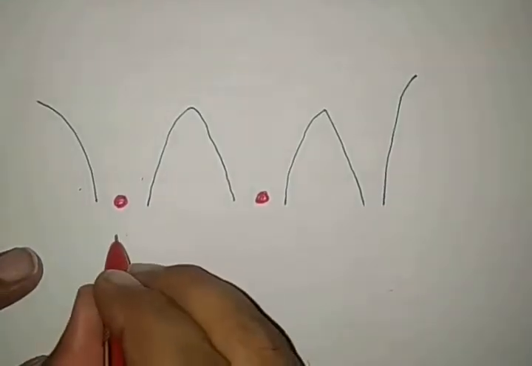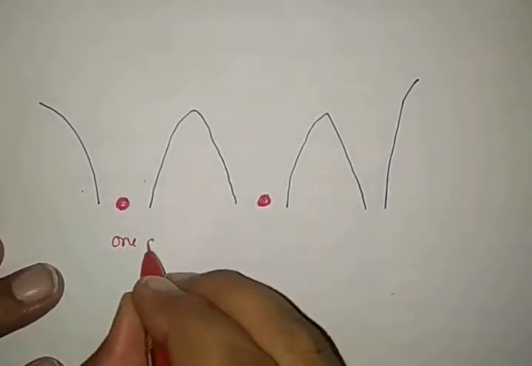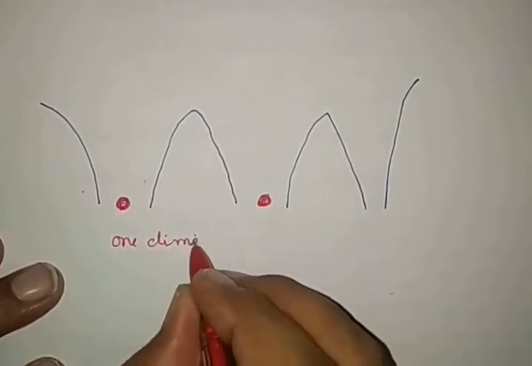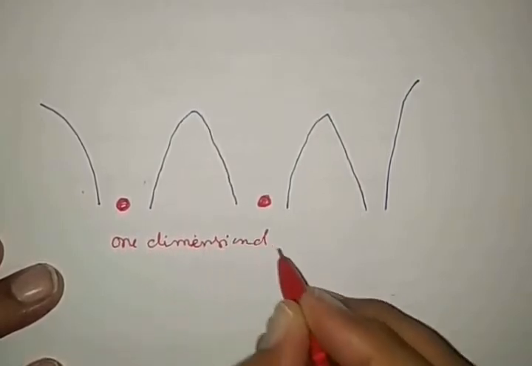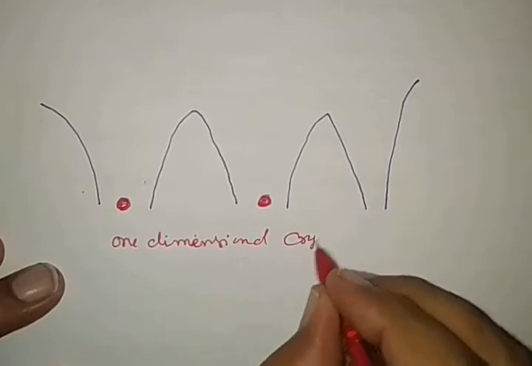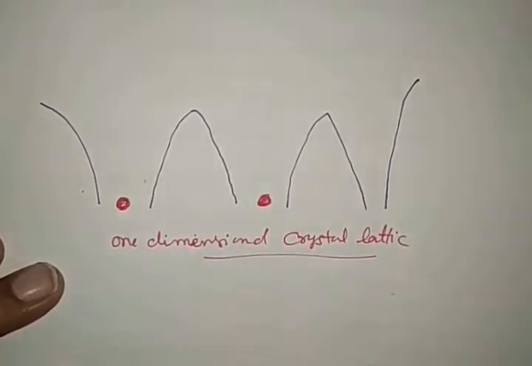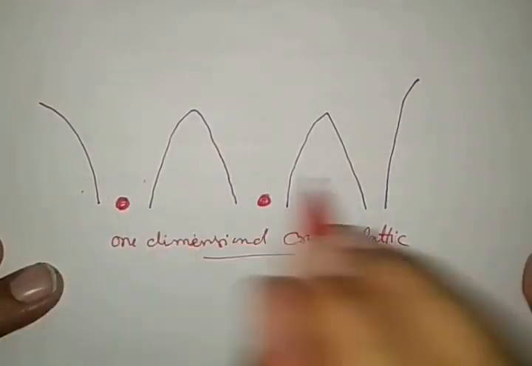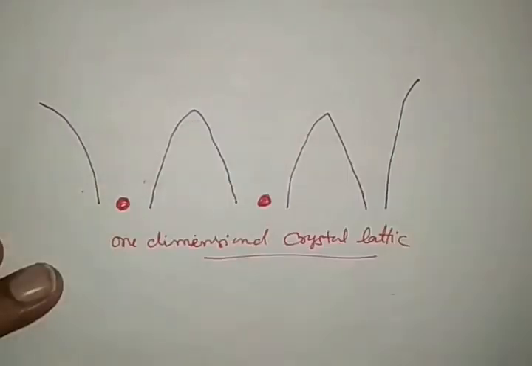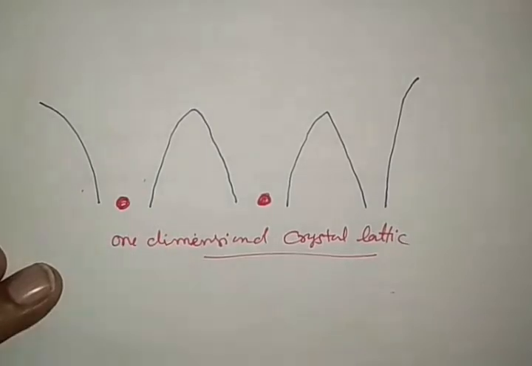Let me write here, one dimensional crystal lattice is here. So due to more than two, there is degeneracy, a new arrangement.